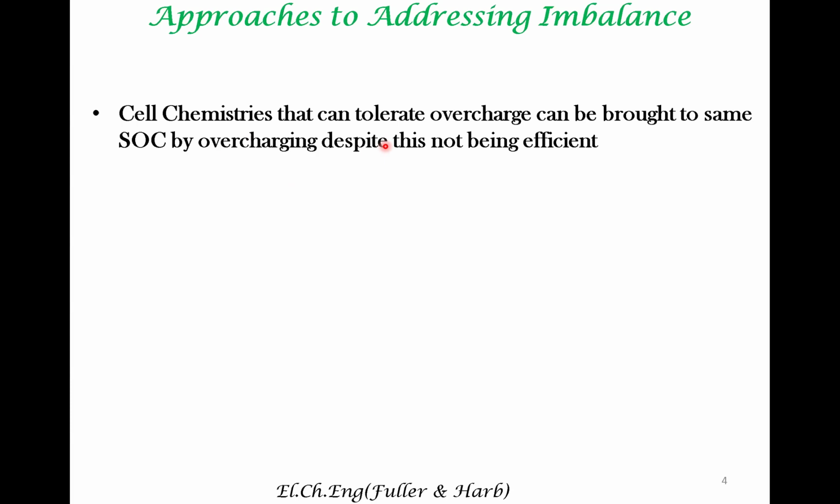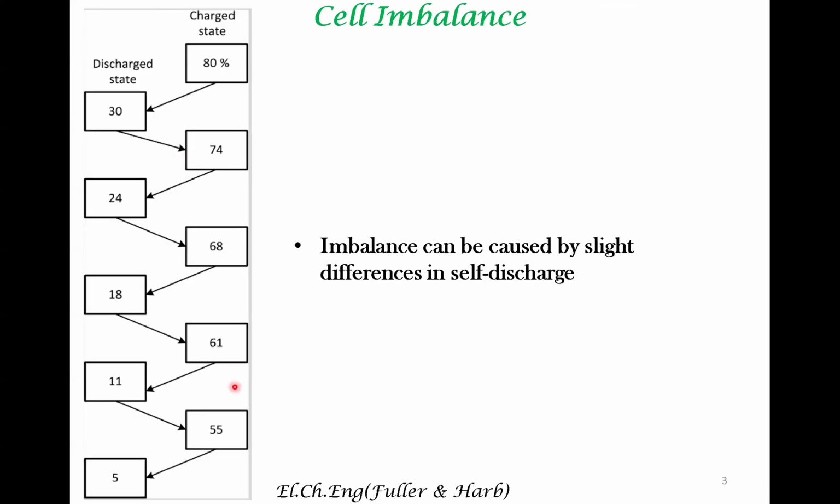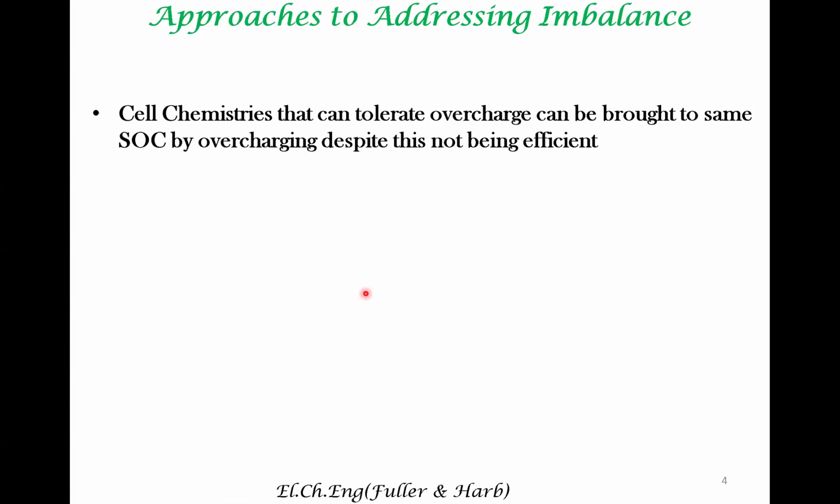They are not too sensitive to overcharging. So they can be brought to the same state of charge by overcharging. Supposing there is this gradual decrease in state of charge, right? So by overcharging, you can get them to the same, desired state of charge. But this is not very efficient, right?